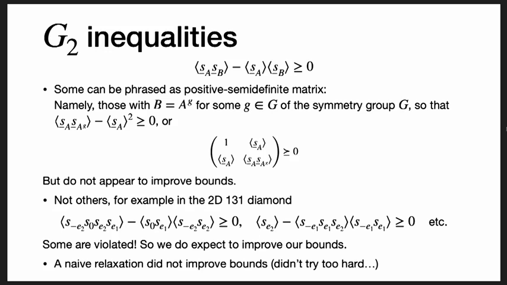The ones that are of more general form like this, where it's not the square of something, we do need to relax in some way, and those are the ones that are explicitly violated. There are some examples here. Those are the ones we didn't impose; we didn't try too hard, but we didn't find a good way to relax them, and those are the ones that we expect to improve the bounds. So in the first one, A and D are completely unrelated? Yeah.